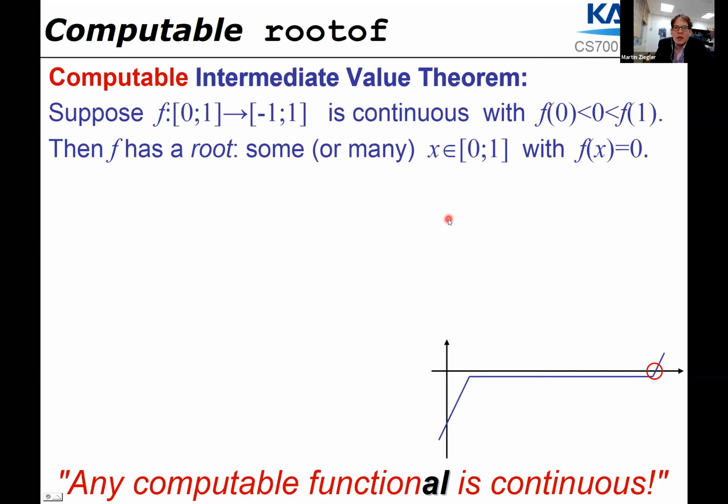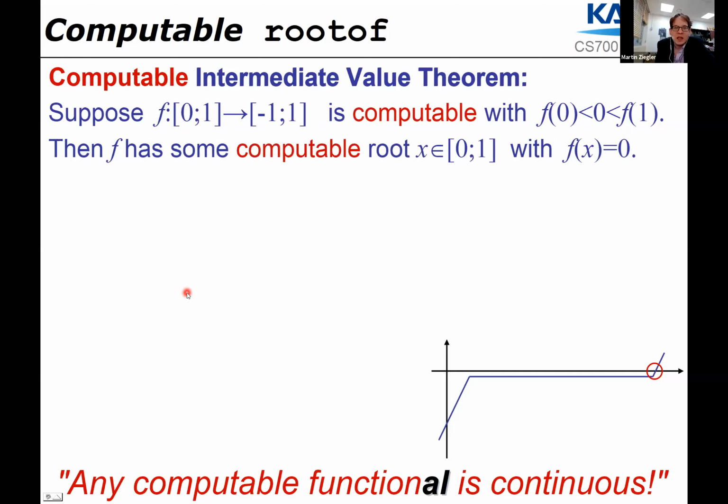For the computable intermediate value theorem, suppose we have a function like this, which is computable and satisfies this sign changing condition, and the statement says this f has some computable root.